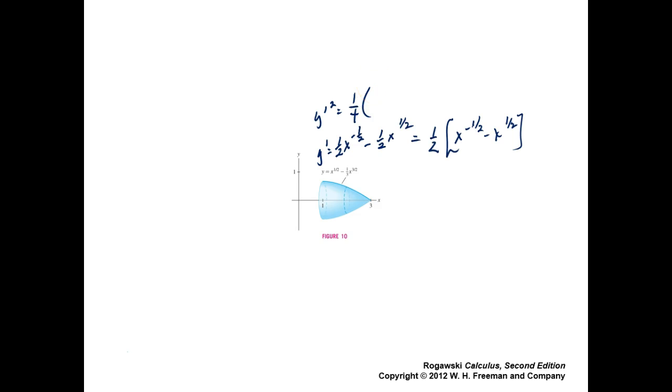What would be the next part? x to the minus 1 minus 2 times x to the minus 1/2 times x to the 1/2, which is just going to be 1, right?